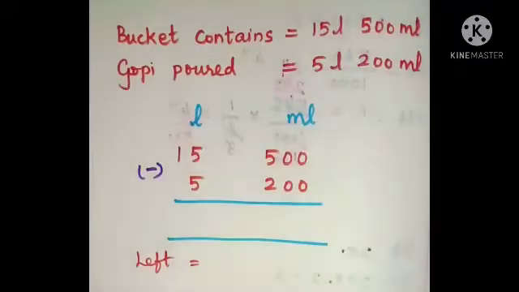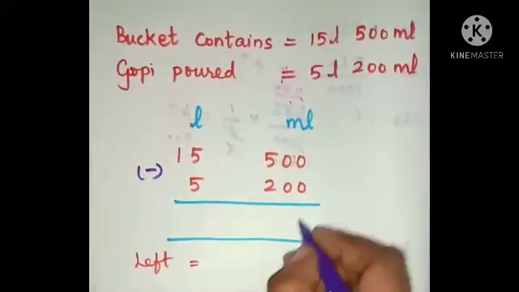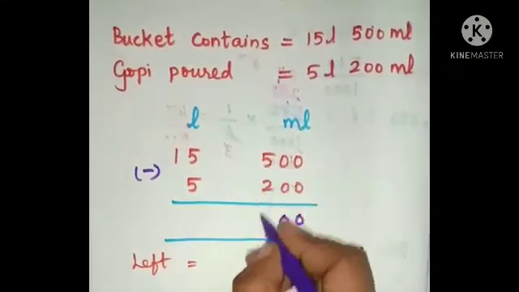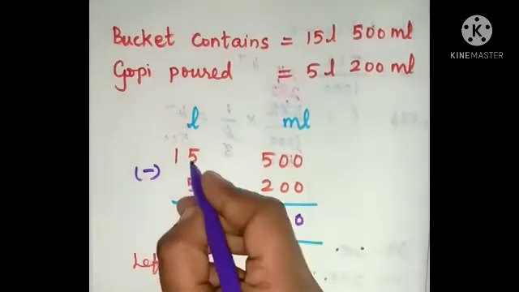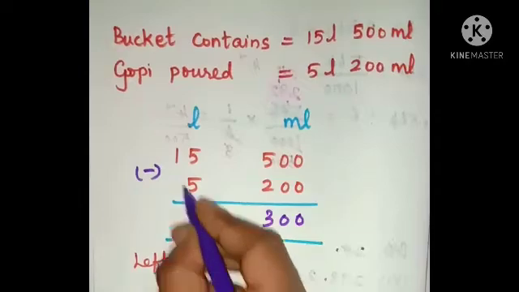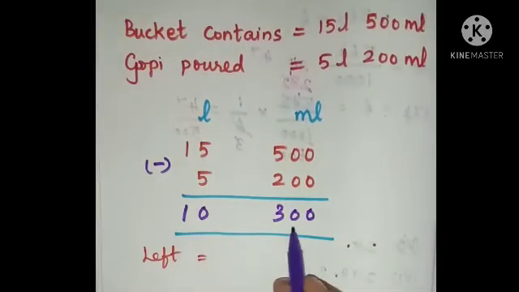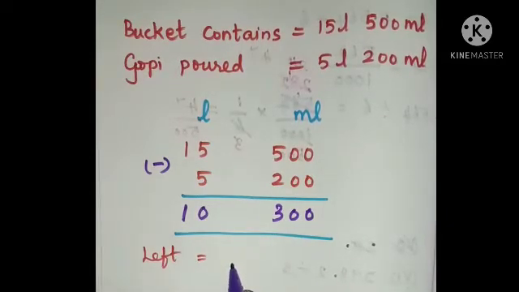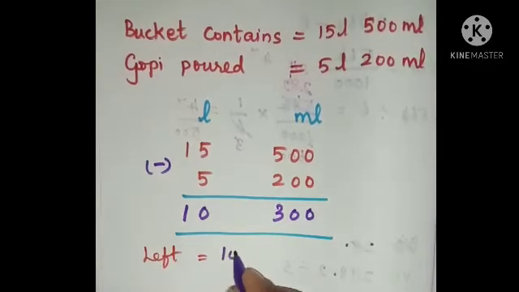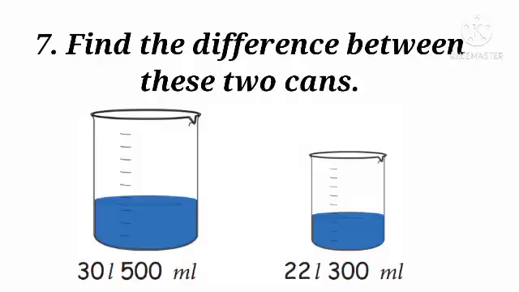Let us subtract 200 from 500 milliliters. 0, 0. 5 minus 2 is 3. 300 milliliters. 5 minus 5, 0. 1. So, 10 liters 300 milliliters. The water left in the bucket is 10 liters 300 milliliters.